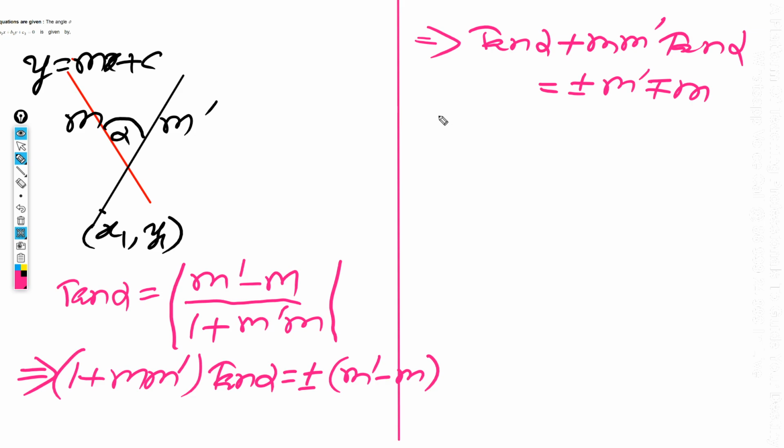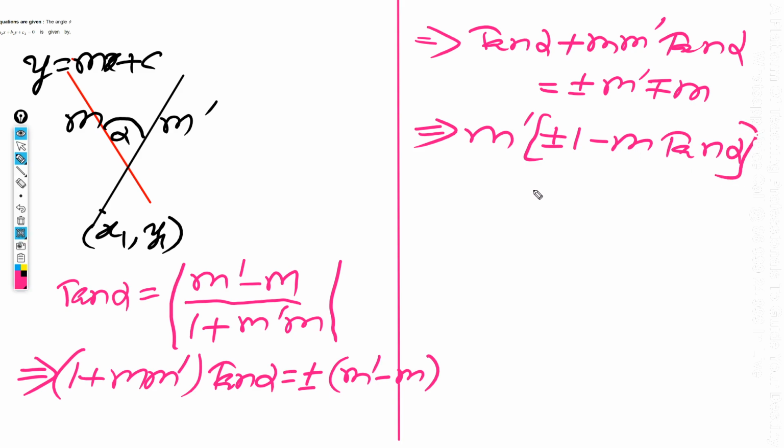What is that we need? We need m dash here. Bring this to other side. Take m dash common. This is plus or minus 1. This is brought this side. Minus m tan alpha is equal to, bring this minus or plus m to other side.